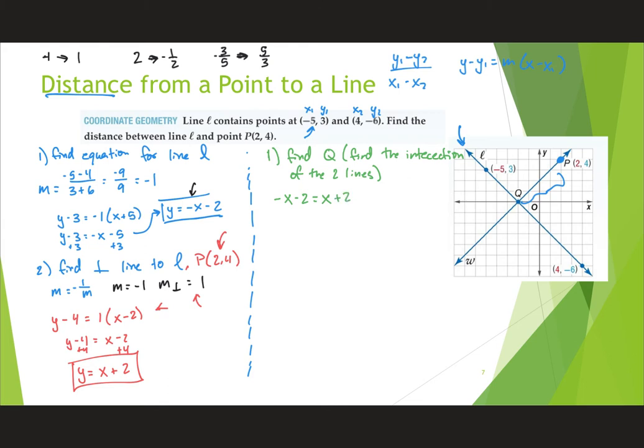And then I'm going to solve for my x value. All right, and I get x is equal to -2. Then I'm going to take this x value and plug it back into one of my equations. It doesn't really matter which. And that's how I'll get the y value.